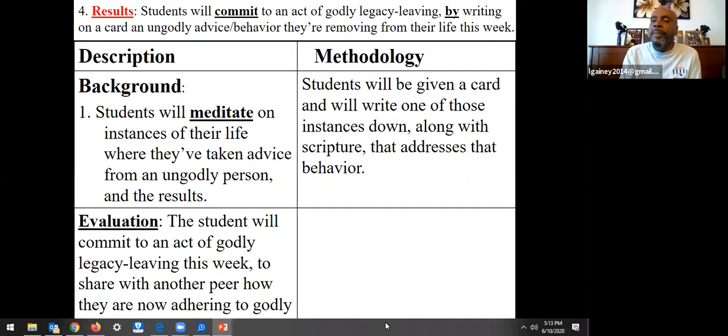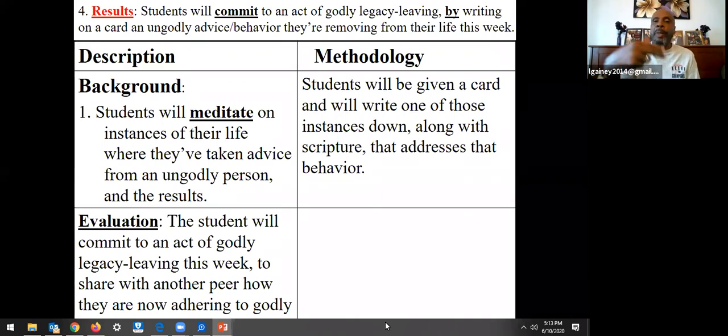In other words, if I took some ungodly advice from an individual and I got involved, let's say we're talking about 2 young people, young male and young female, and they influence one another. They're at the age of puberty.